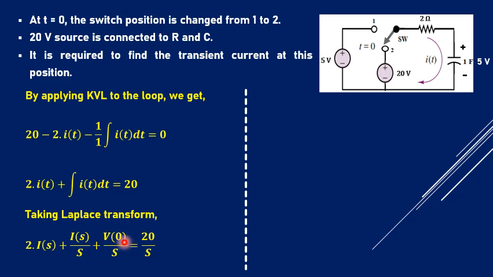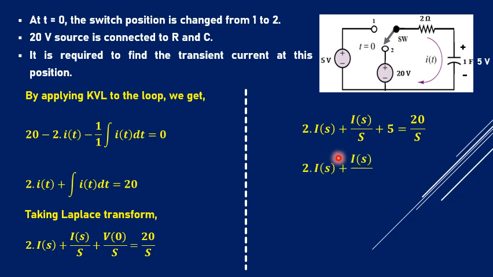It is the initial voltage across the capacitor when the switch is closed from position 1 to 2, and we already found that when the switch was at position 1, the voltage across the capacitor is 5 volt, and when it is changed to position 2 also it will remain 5, because the capacitor does not allow sudden change of voltage. So at the moment of closing the switch to position 2 also, the voltage across the capacitor, initial voltage is 5 volt. So that is what we will substitute here.